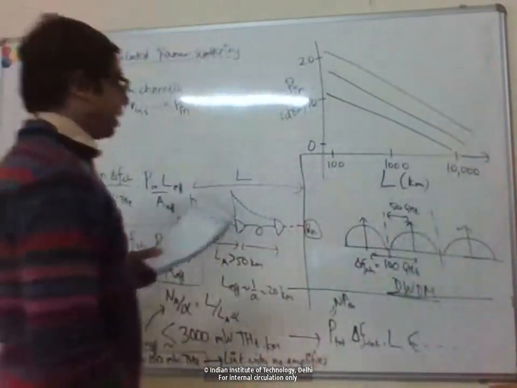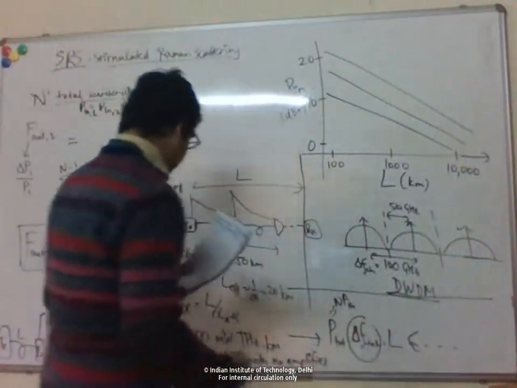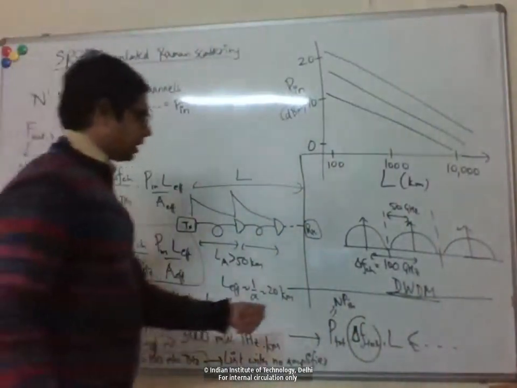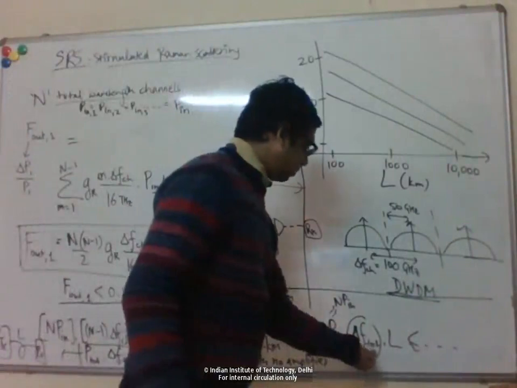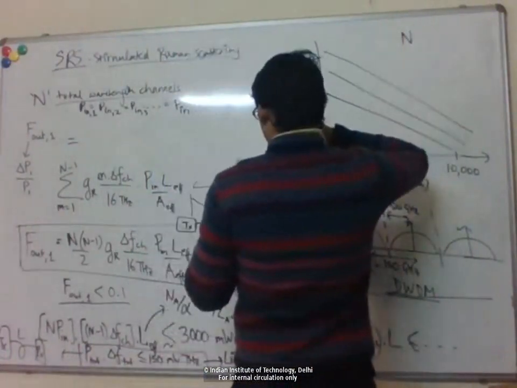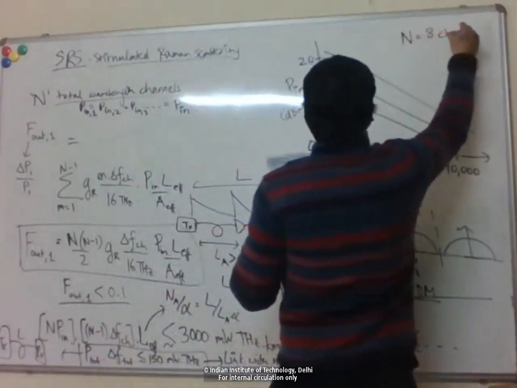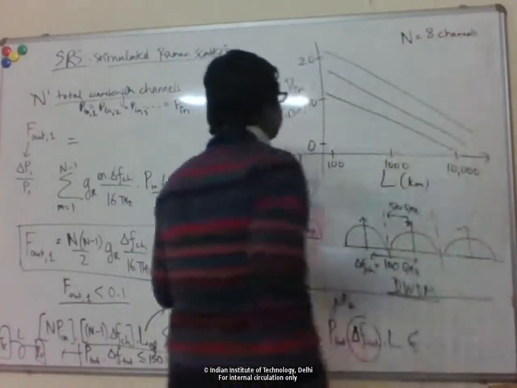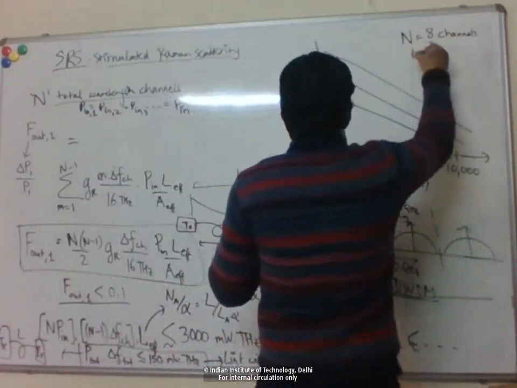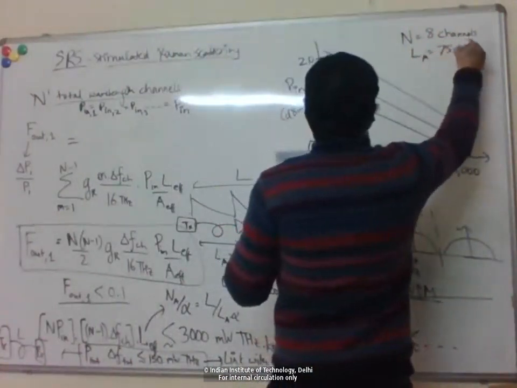So these different curves are for different channel spacings, delta F channel, which of course will give me a different delta F total. I've here taken 8 wavelength channels, and the distance between each amplifier is about 75 kilometers.